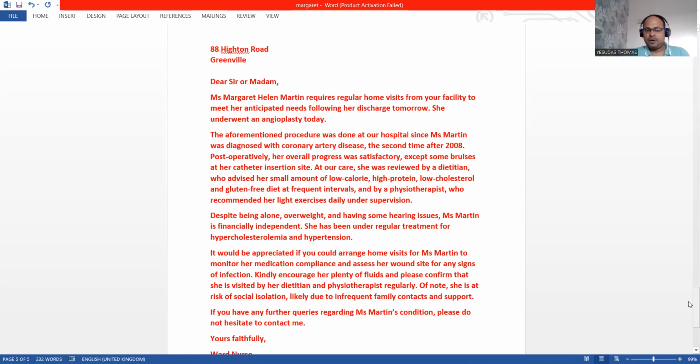Now we have the next paragraph, and this is about the social and medical history here. Despite being alone, overweight, and having some hearing issues, Miss Martin is financially independent. She has some problems. She's living alone, she's overweight, and she has some hearing issues. But she's financially sound, she's financially independent, and that's the positive side too.